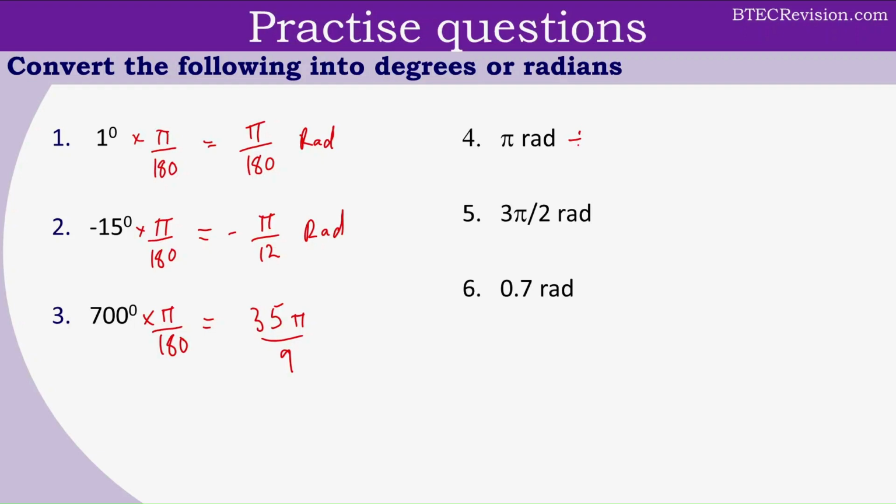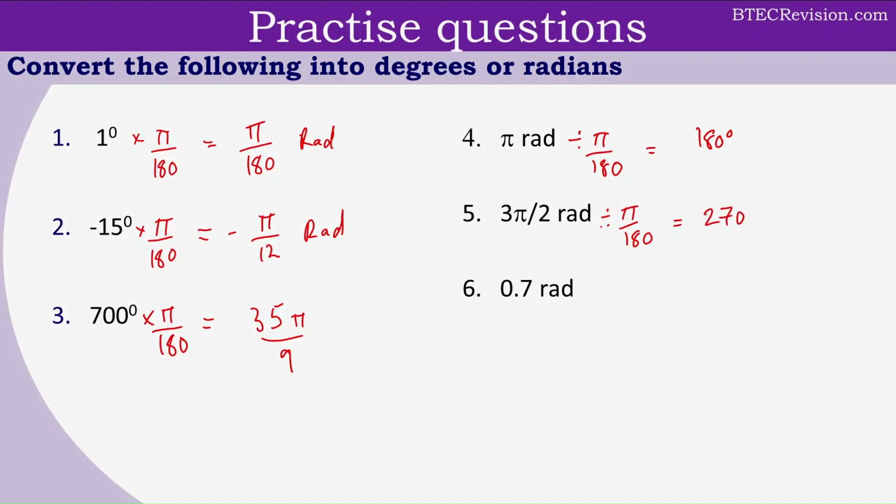Question 4, we divide by pi over 180, so that's equal to 180 degrees. For question 5, we divide by pi over 180, and that's equal to 270 degrees.